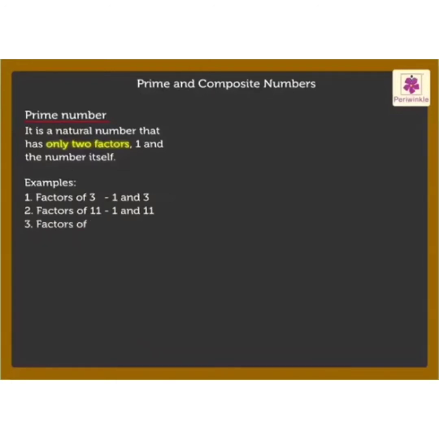The factors of 17 are 1 and 17. Here you can see these numbers have only two factors, 1 and the number itself. Such numbers are called prime numbers.